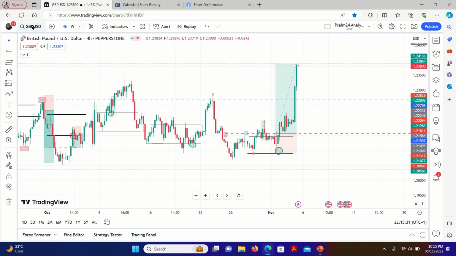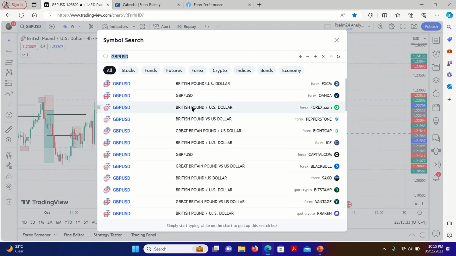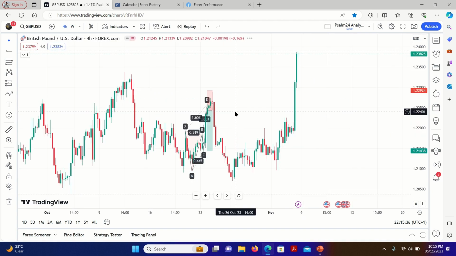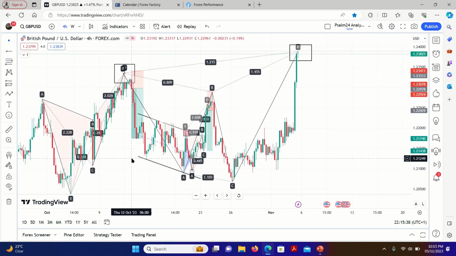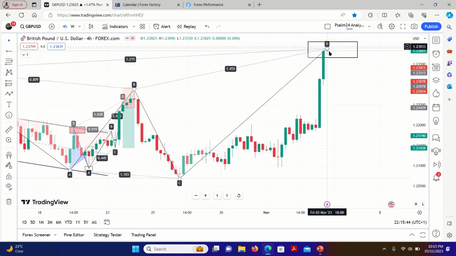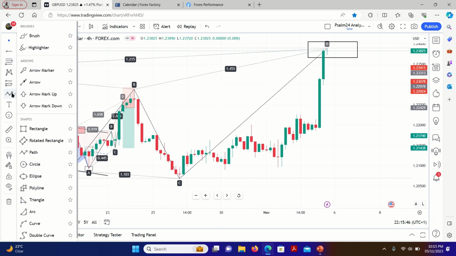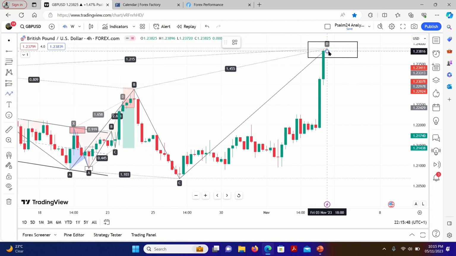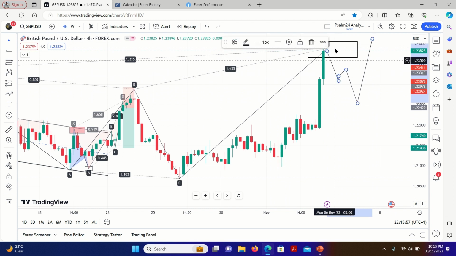All right, but from our market geometry perspective, this is what we are seeing on this particular pair. We may see a slight drop in this pair before the continuation, but overall the prediction is bullish.